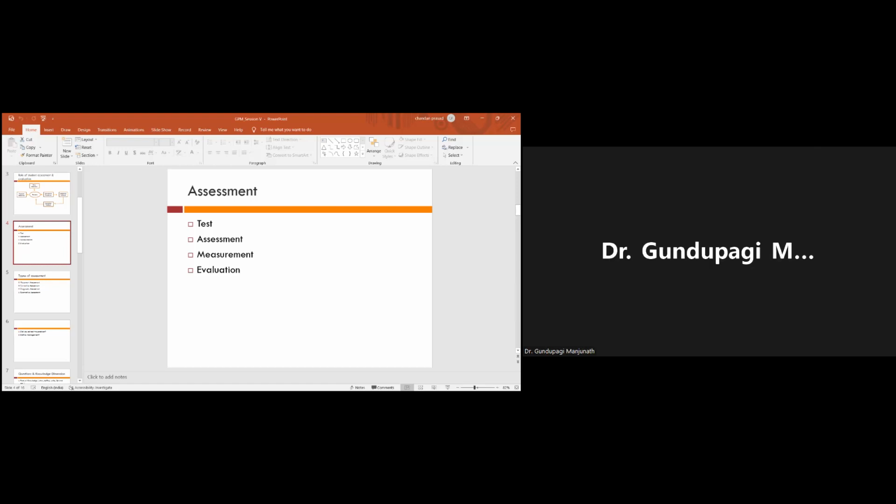Okay. So in the assessment, we are collecting certain information that can be used to give feedback to the student. Generally, we will be gathering the information to monitor the progress. For example, you have given a small test for 10 marks.